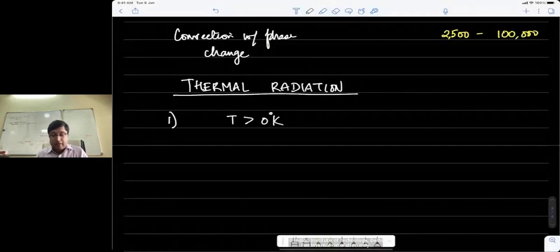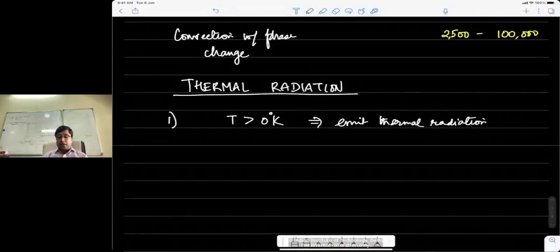That body will emit thermal radiation. In fact, we all emit thermal radiation. When you are in a room, the walls of the room are also emitting thermal radiation. So human comfort becomes a balance of all these radiation exchanges taking place.